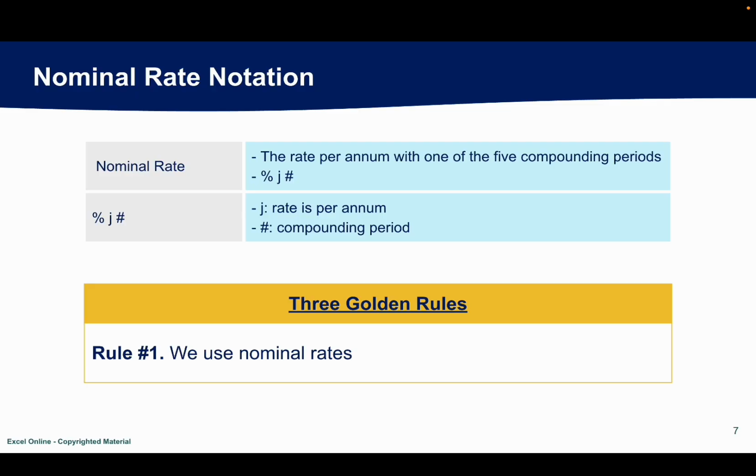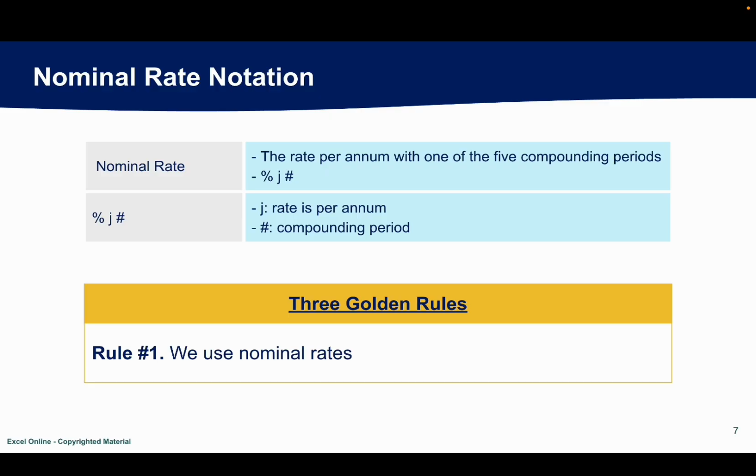So the rates that we just showed are called nominal rates. Nominal rates are a rate per year compounded by one of these 5: annually, semi-annually, quarterly, monthly, or daily.